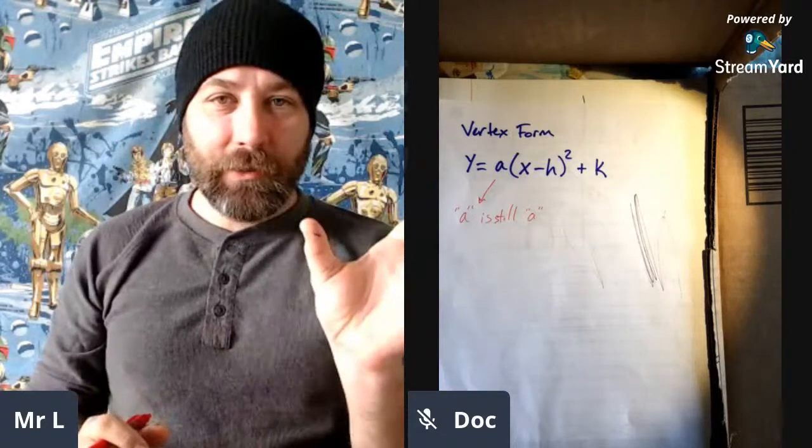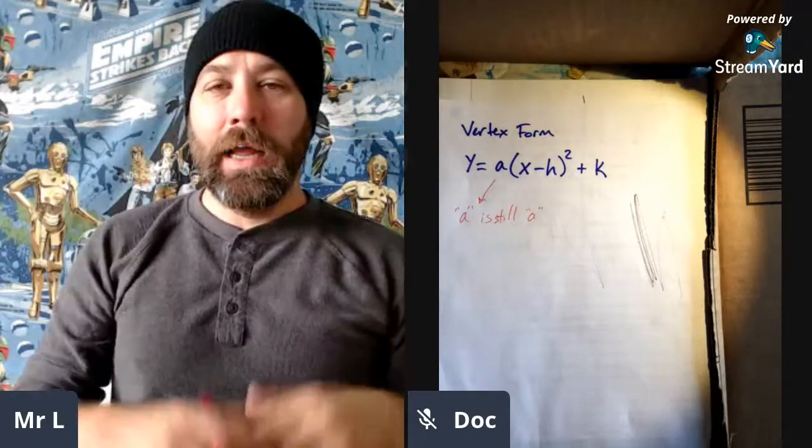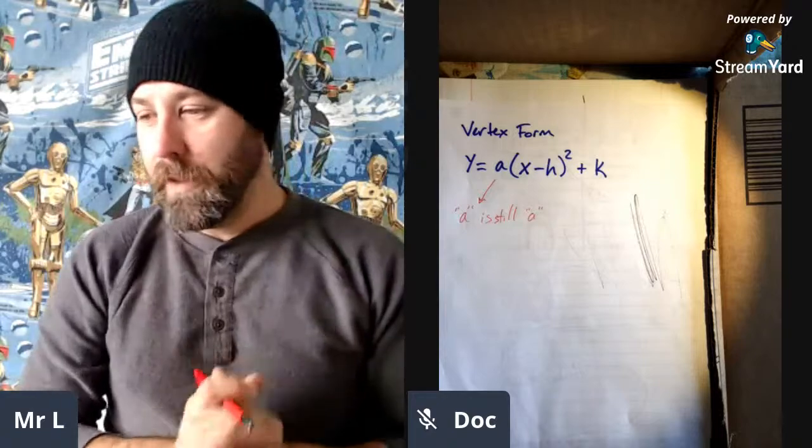A will still tell you if the parabola opens upward or downward, and A will still give you an idea if it's more of a narrow or more of a wide opening parabola. So that part is the same. A is still A. Nice.